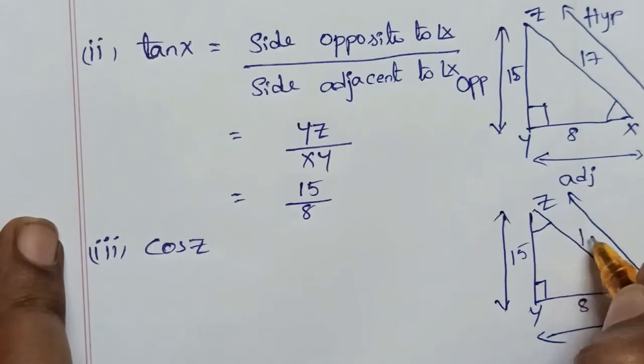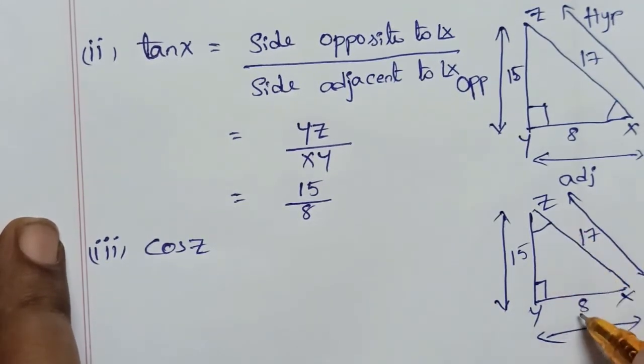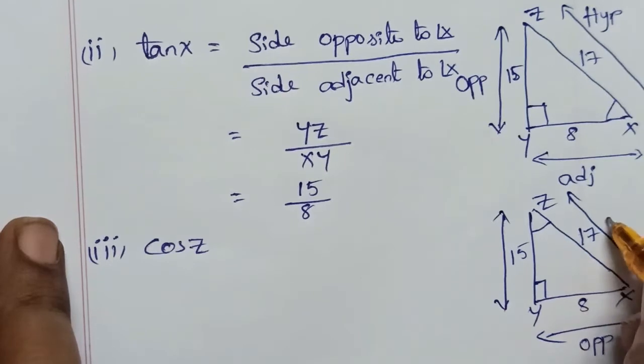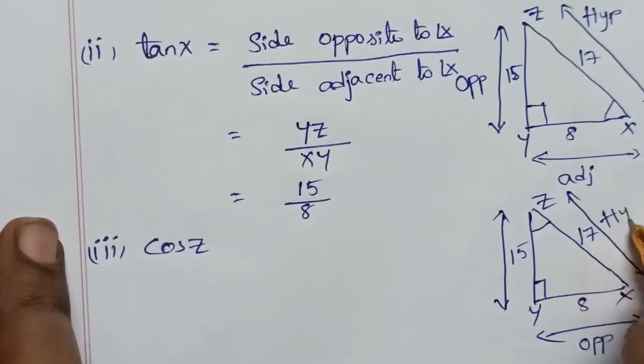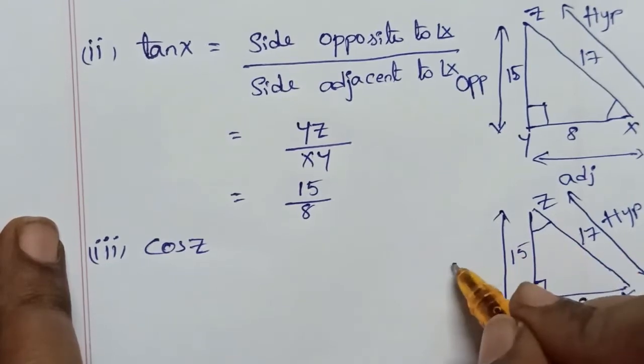So opposite to the angle, this is the opposite side. Opposite to the right angle, this is the hypotenuse, and this is adjacent to the angle Z.